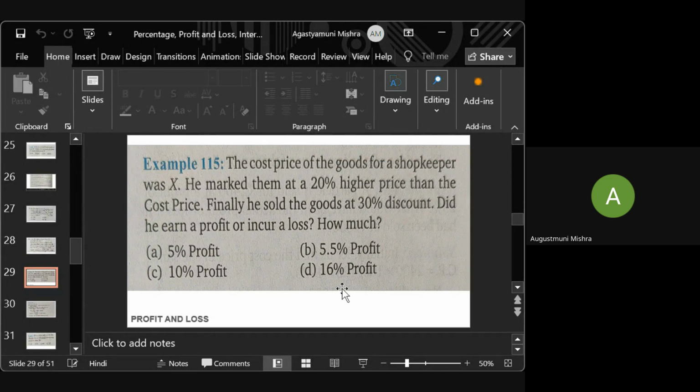Now this is another topic, question related to the profit and loss, because yesterday I discussed about the different topics. So in a continuous series of that, this is a question of profit and loss.